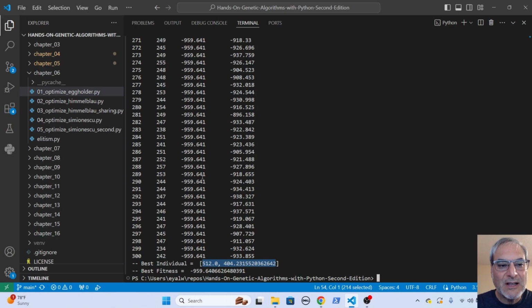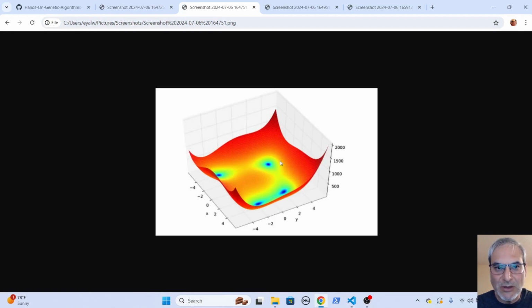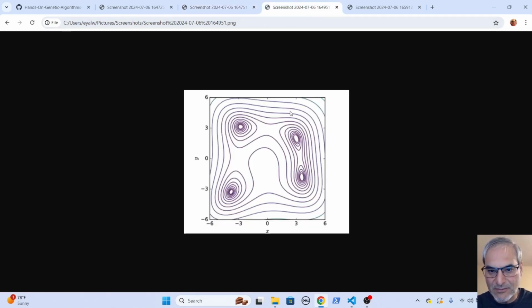That was a straightforward solution. Let's look at a more interesting function, maybe not such an interesting shape, but what's interesting about the Himmelblau function is that it has four points that are all minimum points that have the same global minimum value, which is 0. And you can see it here from looking from above.